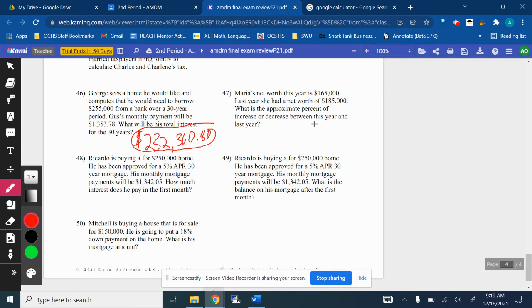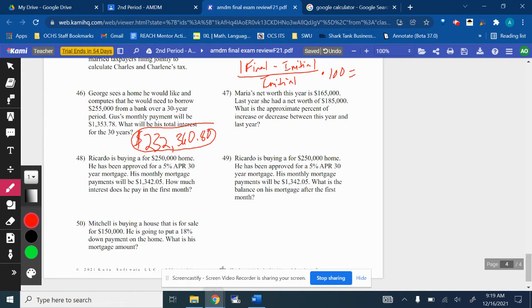So it's final minus the initial. You take the absolute value, divided by initial, times 100.